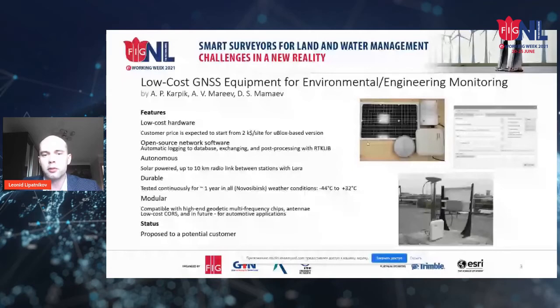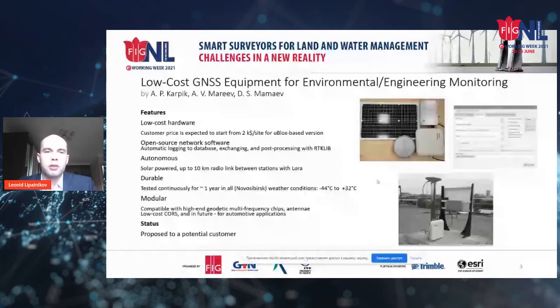We tested it for a year in Novosibirsk, and sometimes temperature dropped to minus 44 degrees Celsius, and everything worked fine. The precision was about 8 millimeters standard deviation in height. That was on a line of 10 kilometers. The precision can be improved if we changed the GNSS model.